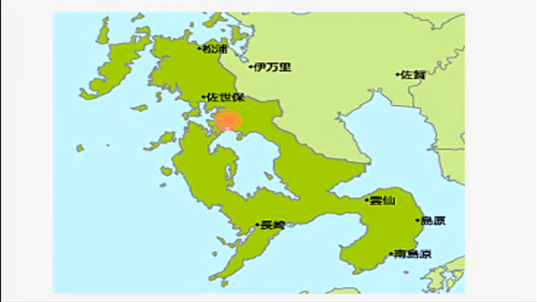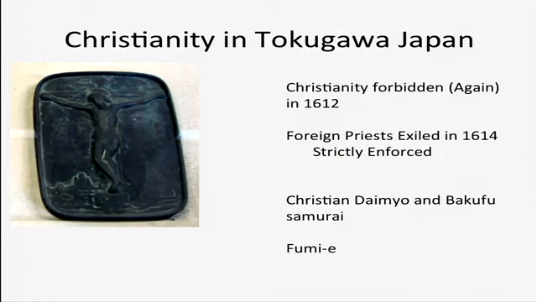Christianity quickly becomes not once but twice prohibited in Japan. Hideyoshi first makes a prohibition in 1587, and then again when Tokugawa Ieyasu is in power, his son proclaims Christianity illegal. So this second process of making it illegal is enforced. It's much more thorough.